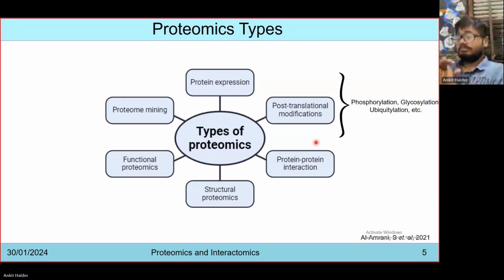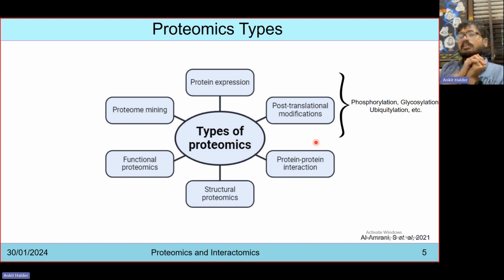Now, if we go back to the central dogma, we find that proteins play a huge role in building functional molecules and the functions of the organism. But it is not only that one particular thing.